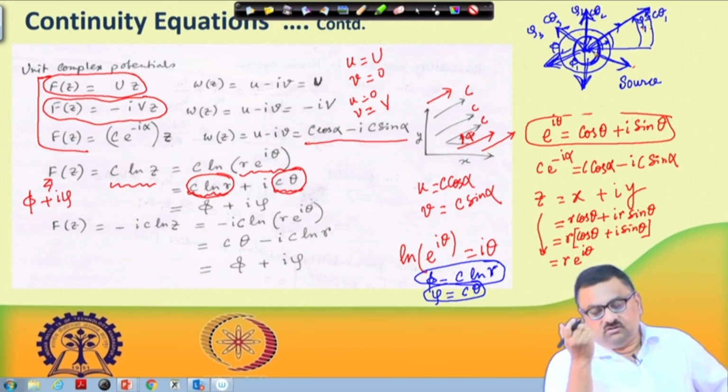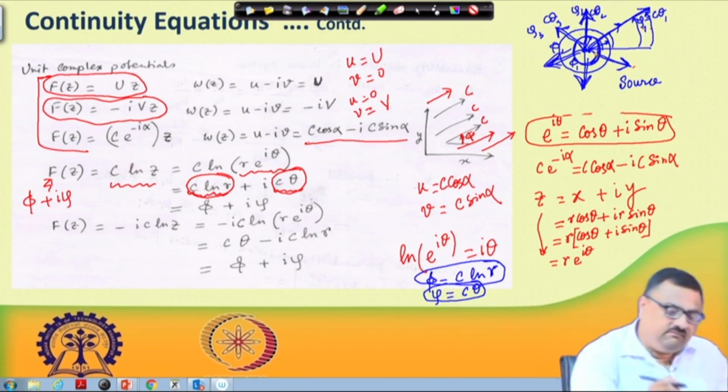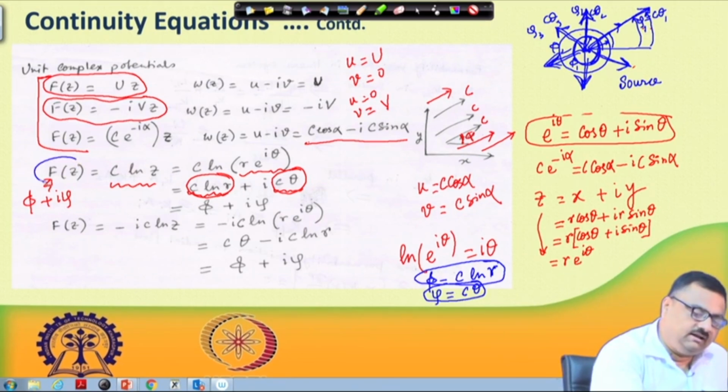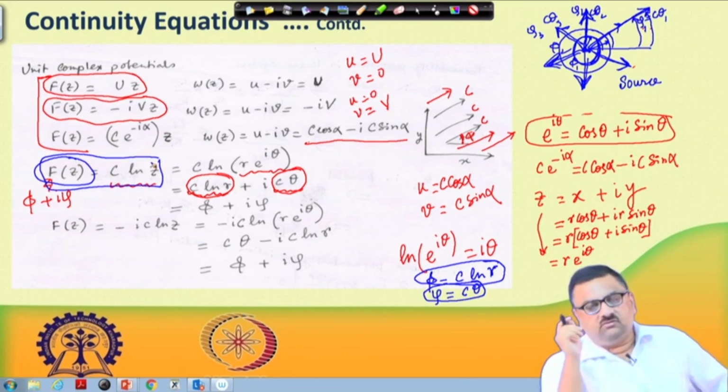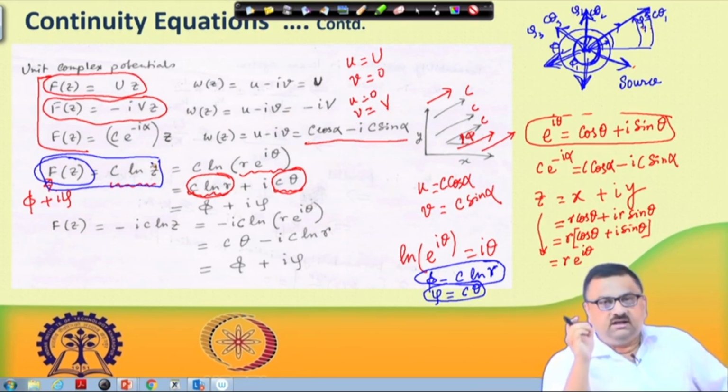So you can see that when we talk about Fz as C ln z, we are talking about the elemental flow of a source.